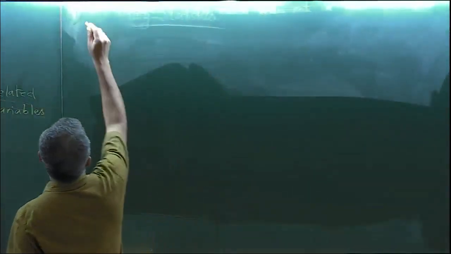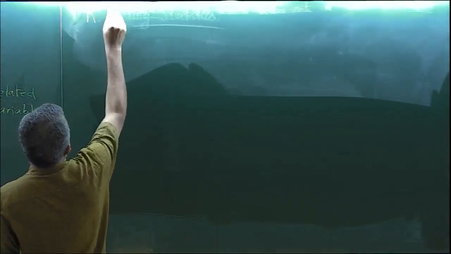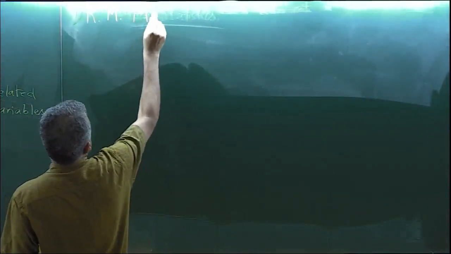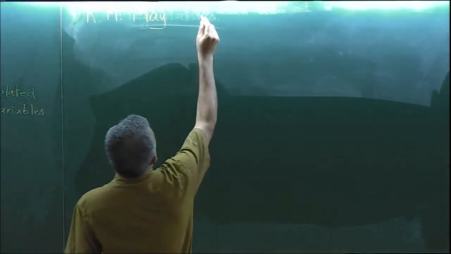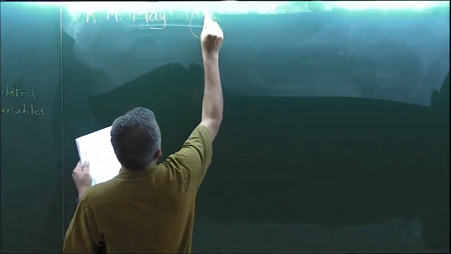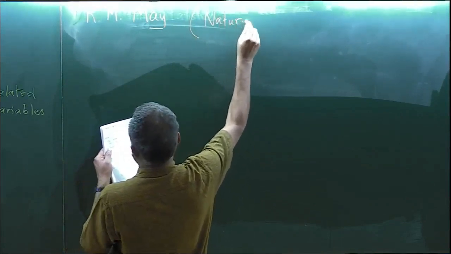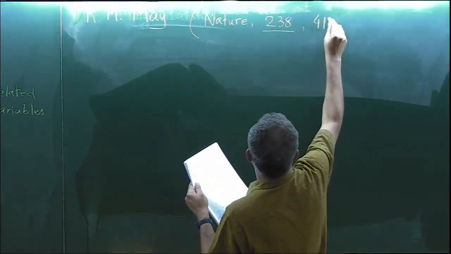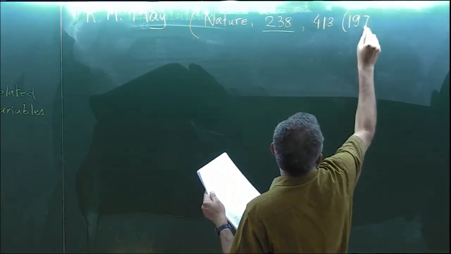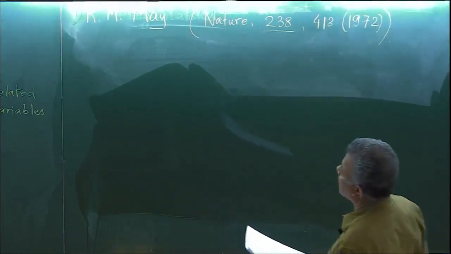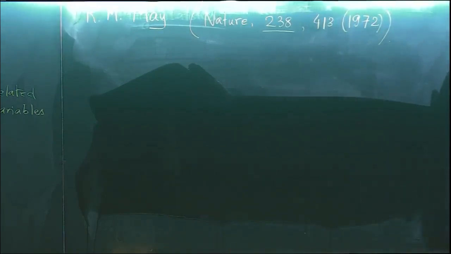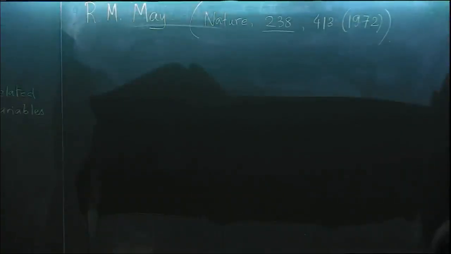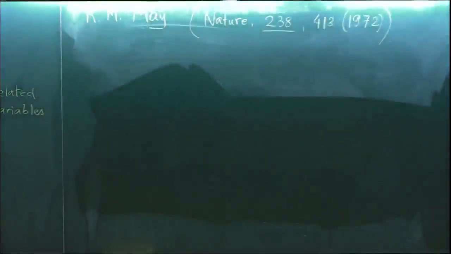This motivation actually goes back to a very beautiful paper by Robert May, who was a biologist, he's still alive. This is in Nature. I ask all of you to read this paper because it's really a very nice and easily readable paper. It's again to do with population dynamics, but not in the evolution context, more in a behavioral context.